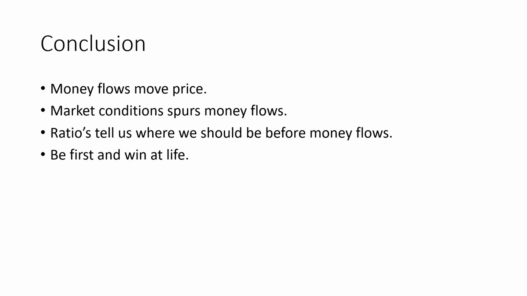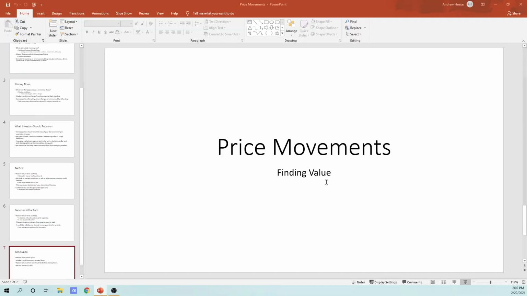So the conclusion here is money flows, which moves price. Market conditions spur that money flow. And ratios tell us where we should be before money flows. Be first and win at life. That's what I say, at least in investing.